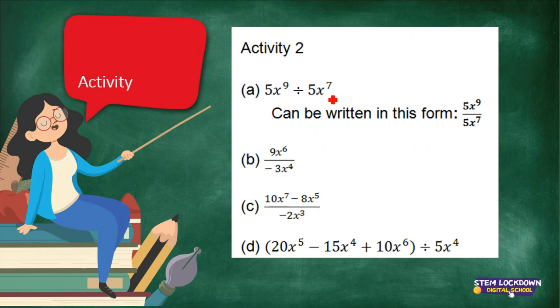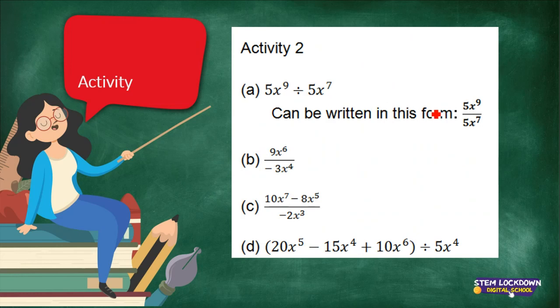You now have about 30 seconds remaining to finish A. A is actually easy, so you should be done. For those who are still working through A, you have about 10 seconds remaining. Okay, 5, 4, 3, 2, 1, your time is up.